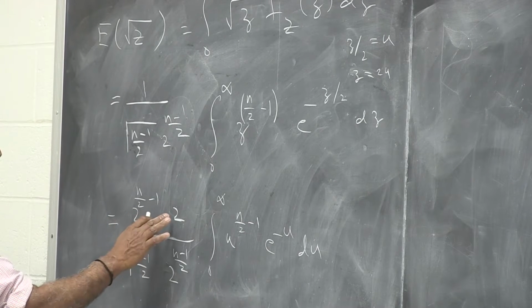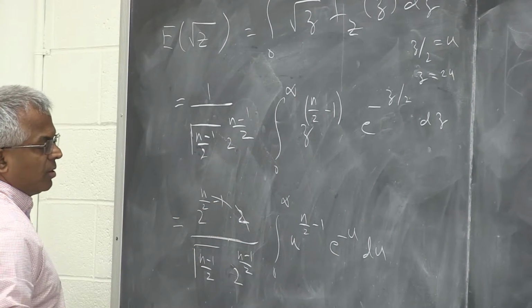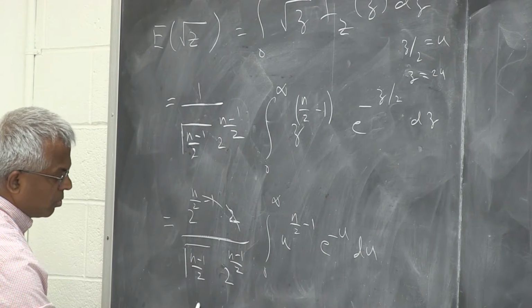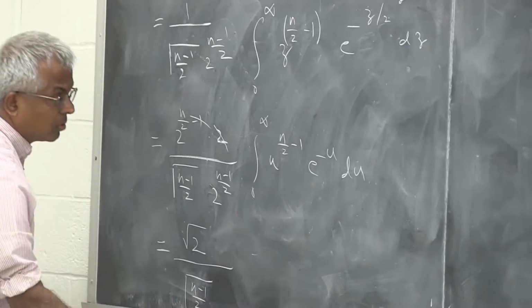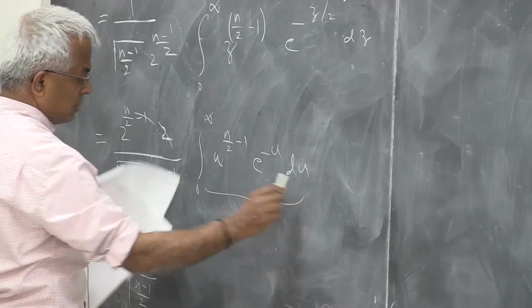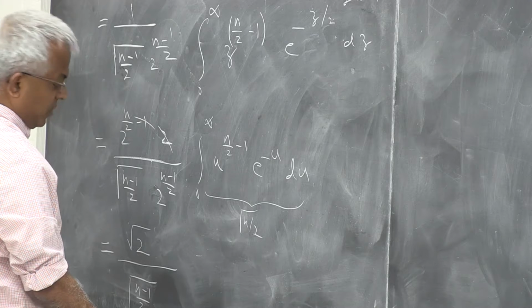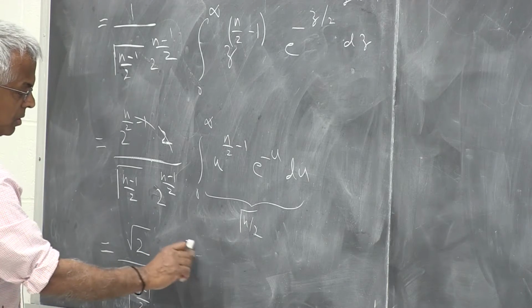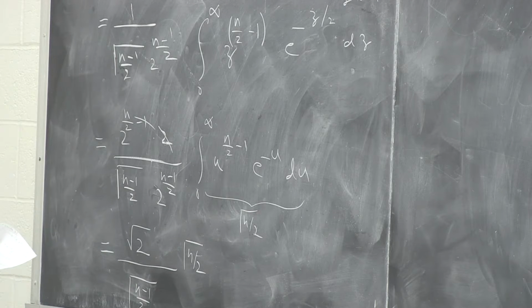So notice that this 2 and this go away, and we end up with the square root of 2 over gamma of n minus 1 by 2, and this integral is gamma n by 2, by definition, multiplied by gamma n by 2.